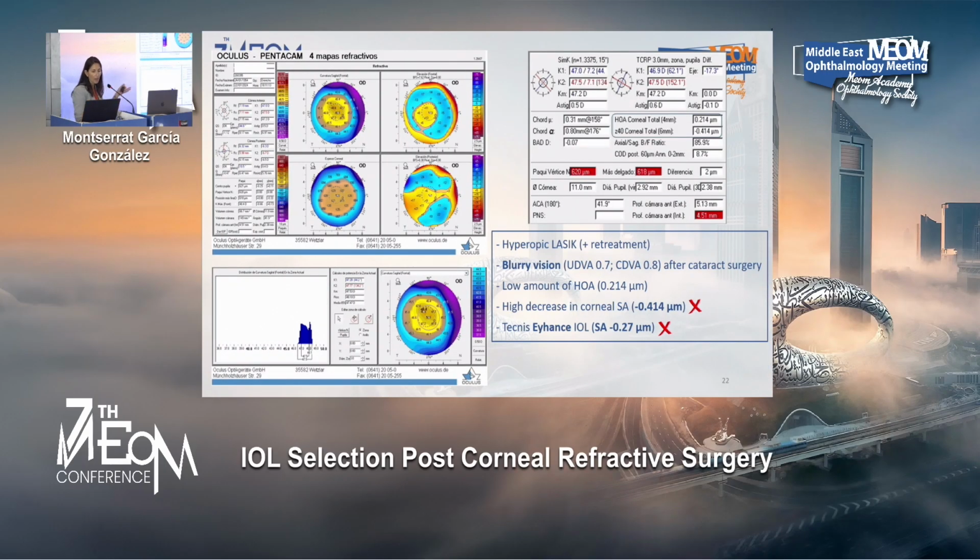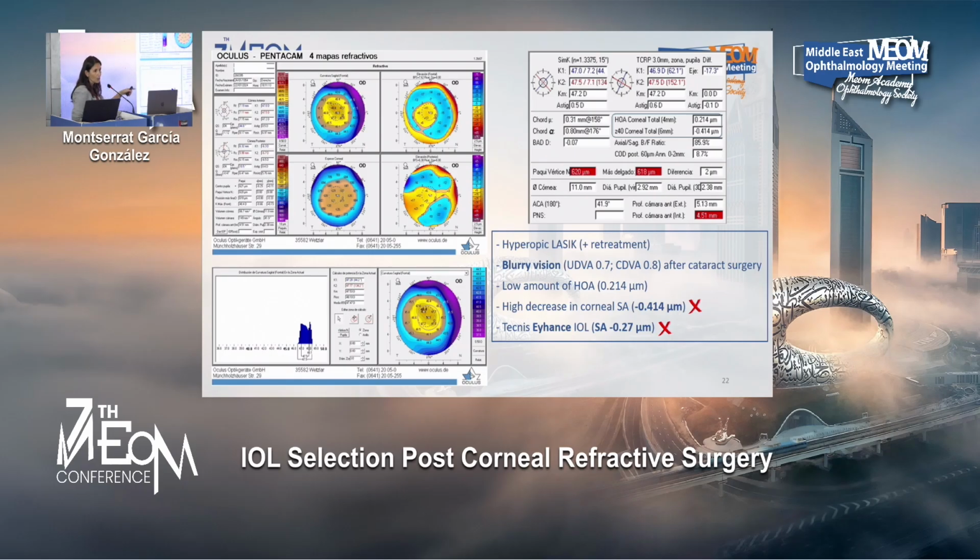Okay, and finally, I show you this case. It came to our clinic, referred for blurred vision after cataract surgery in another center, and I think that the problem in this case was that the patient has a clear negative corneal spherical aberration.